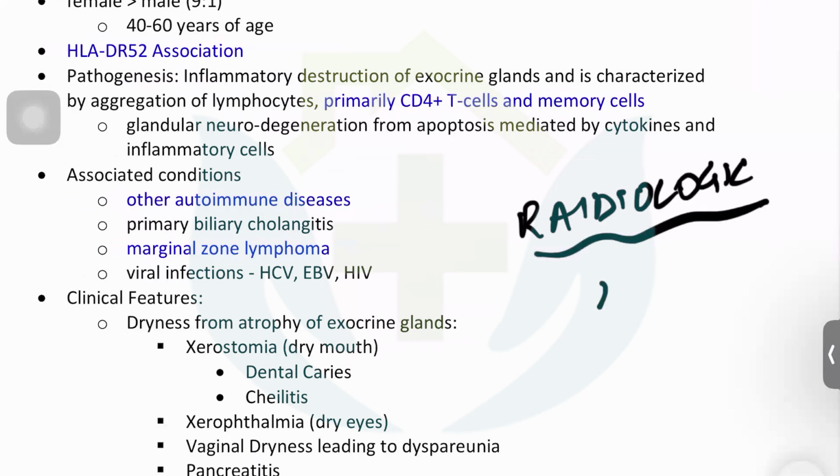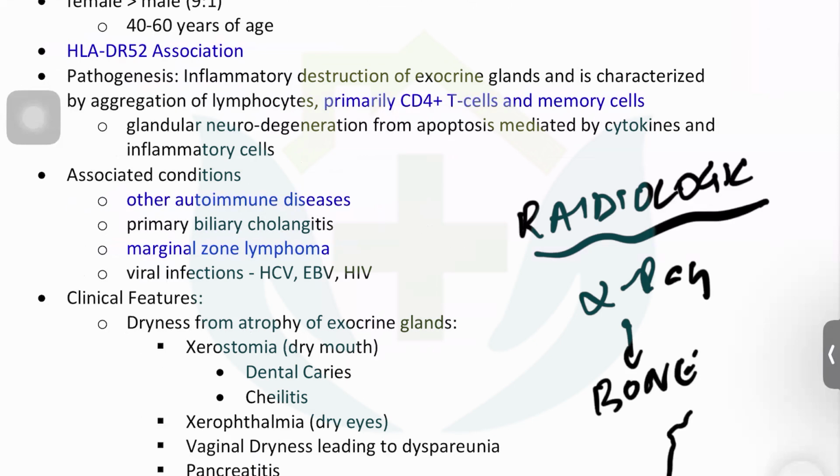Once you do an X-ray, you see bone erosions. Maximum bone erosions you see in which kind of arthritis? Psoriatic.